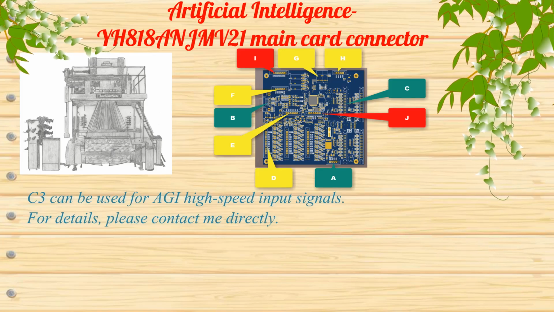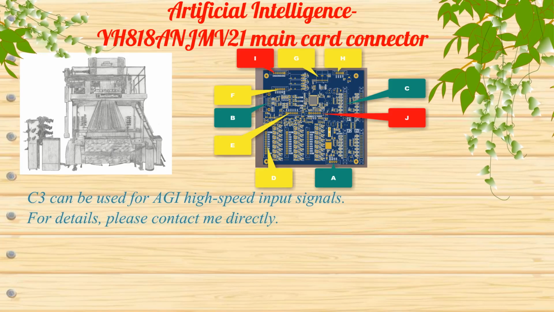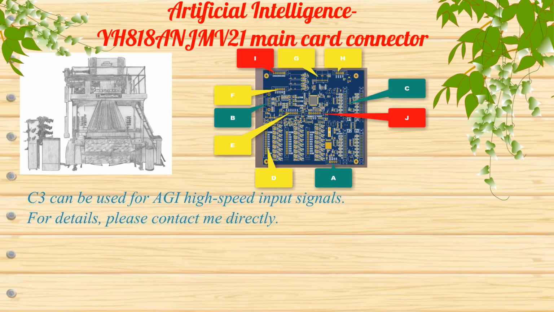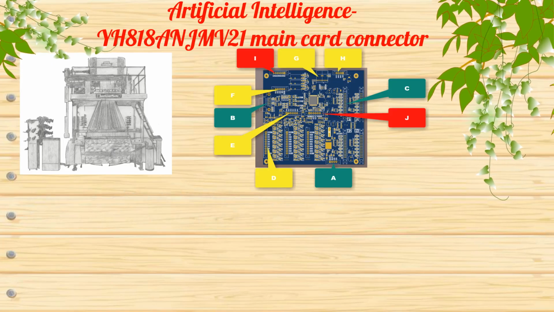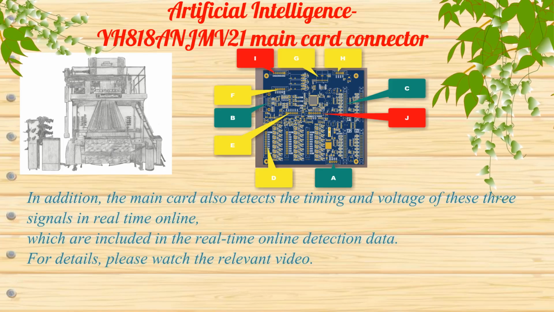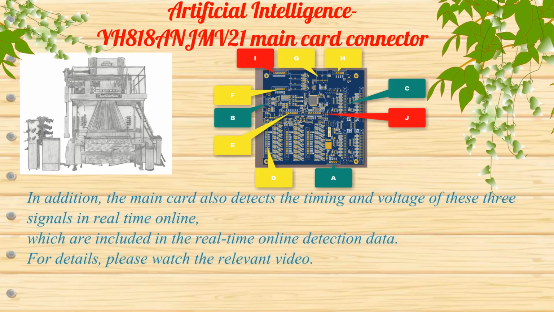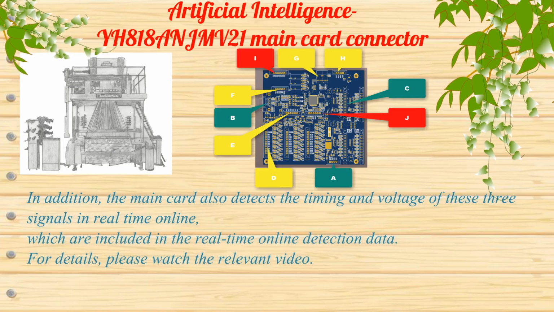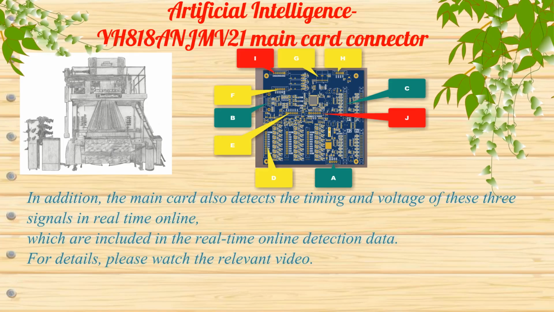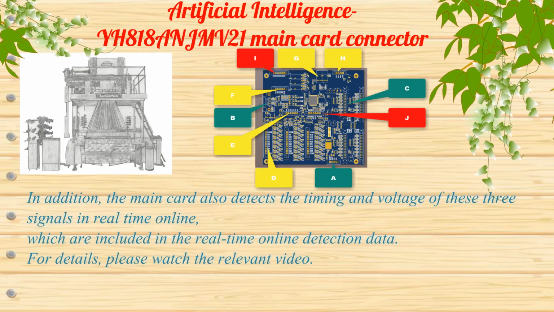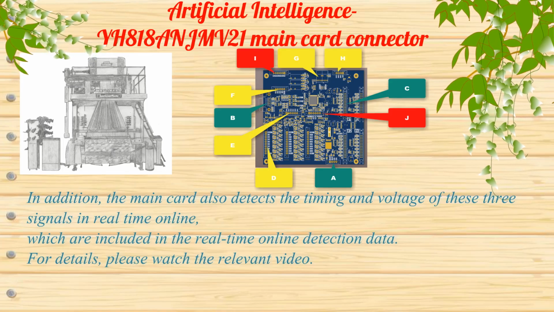For details, please contact me directly. In addition, the main card also detects the timing and voltage of these three signals in real-time online, which are included in the real-time online detection data. For details, please watch the relevant video.